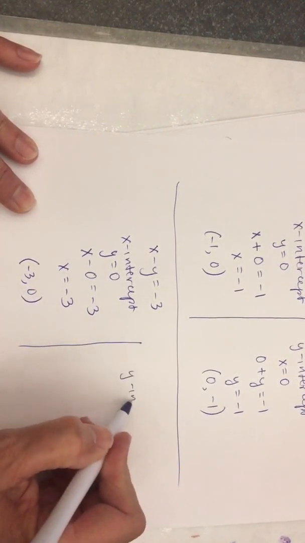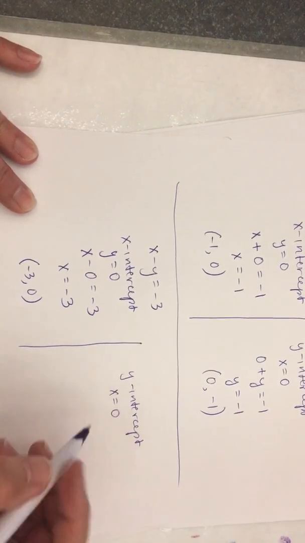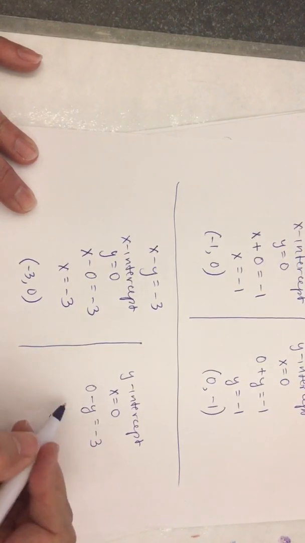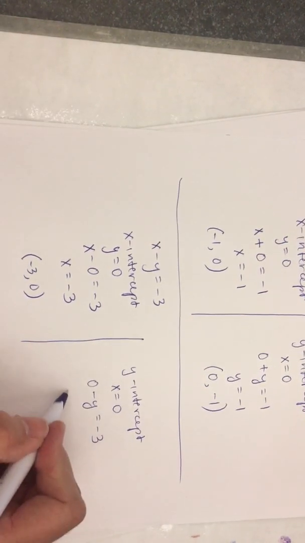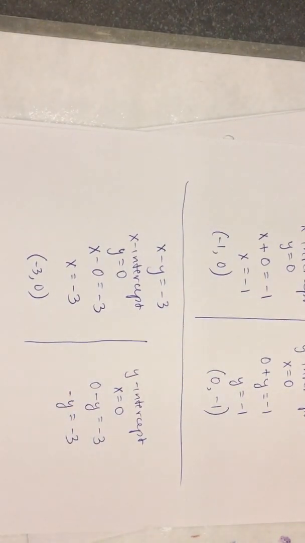The y-intercept, we'll put x equal to 0. 0 minus y equals -3. Now 0 minus y is -y. -y equals -3.